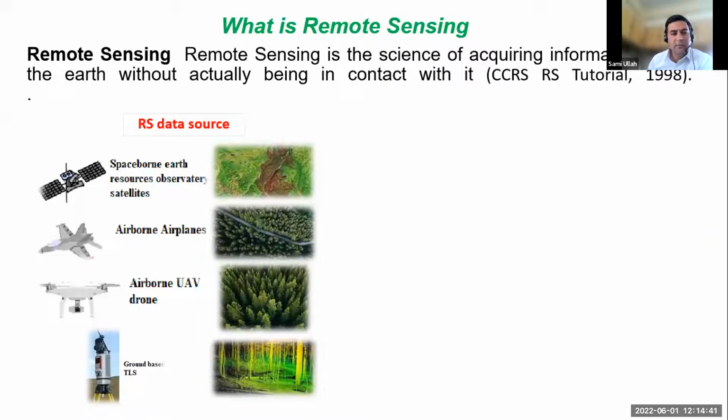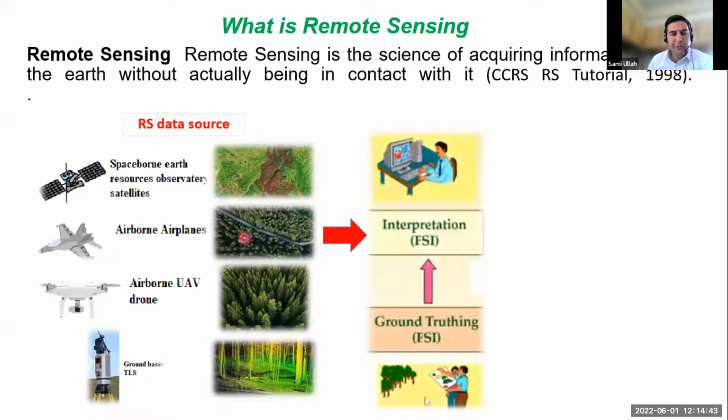Finally, these data can be loaded into computers where GIS software is installed. The data can be analyzed with different kinds of GIS software, and a large variety of GIS software is available in the market for different applications.